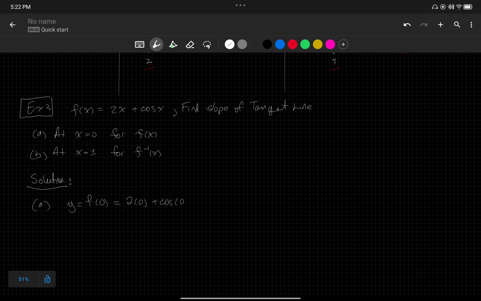Cosine, plug in a 0. So the first one is 0, but cosine of 0 is 1. This guy is 1. So then if we equal 1 here, my point is going to be 0, 1.